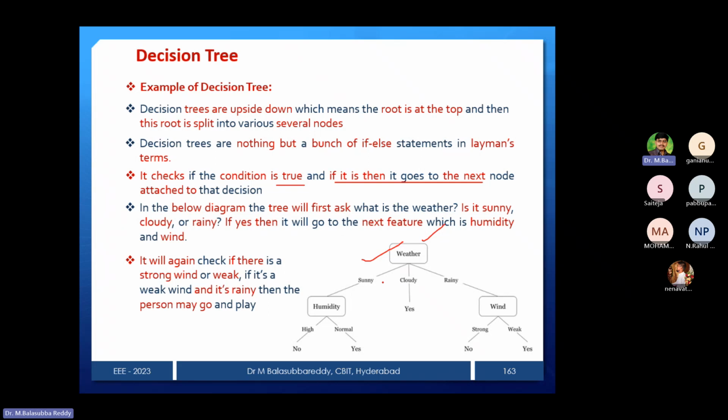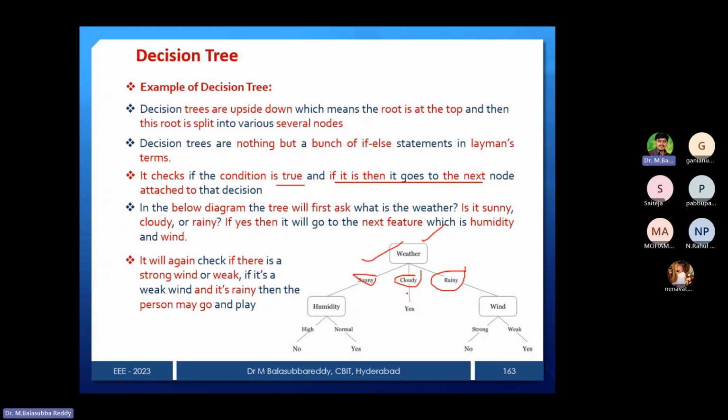There are sunny, cloudy, rainy. These are the three attributes. If there is a strong wind or a weak wind, and it is rainy, then the person may go and play.